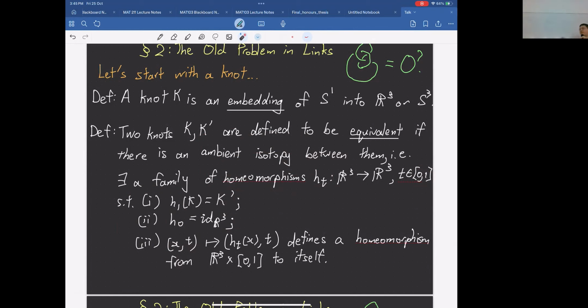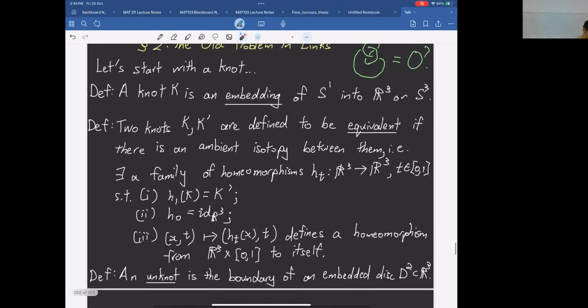And if you consider this family of maps with an extra time dimension, it should also define a homeomorphism. It's basically R3 cross R, in R4, and it's still a homeomorphism. This is called the ambient isotopy.